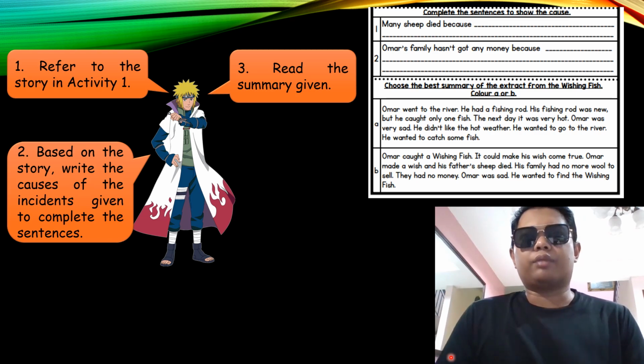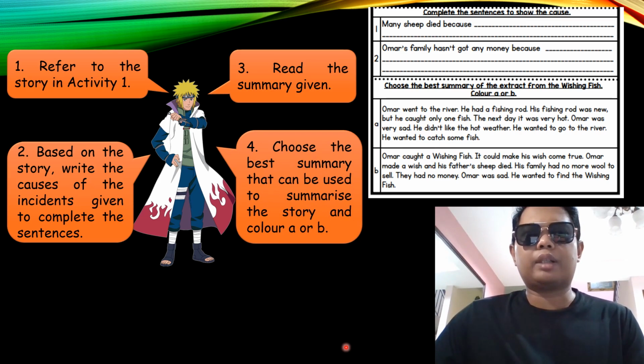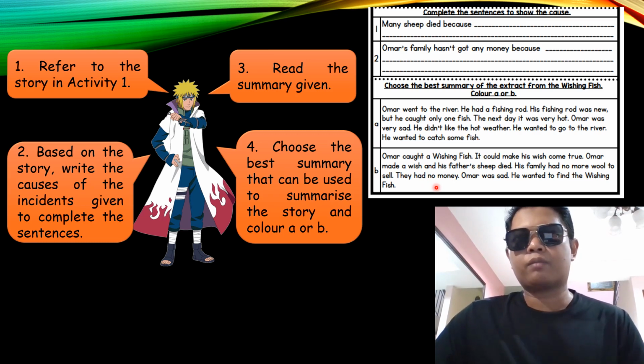Next, for the second exercise, you read the summary given. Here you have two summaries, A and B. You read the summary, and then you choose the best summary that can be used to summarize the story and color A or B. Read the summary in A, and then read the summary in B, and choose which one is the best summary of the story that you have read just now.